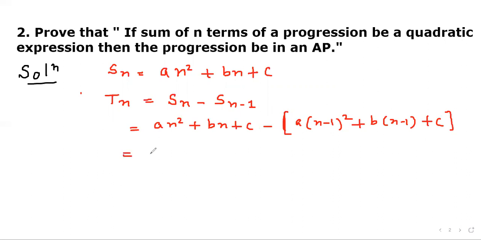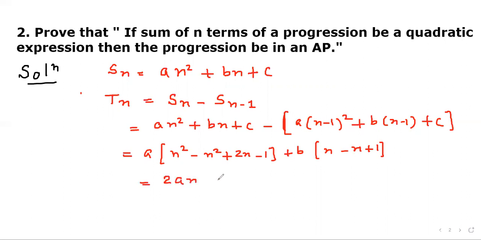So we can take a common, then n square minus (n minus 1) square, which is 2n minus 1, and we take b common, so n minus n plus 1, and c will cancel out. So we will get 2an plus b, which is a linear expression.